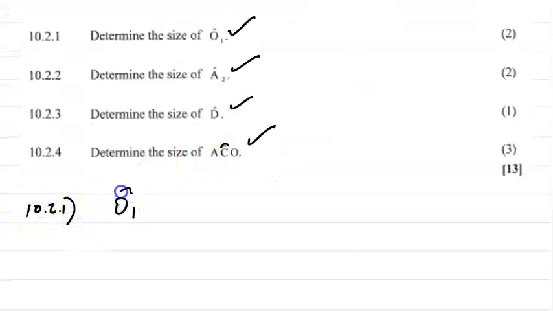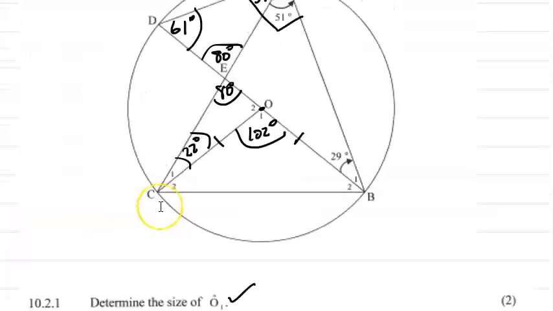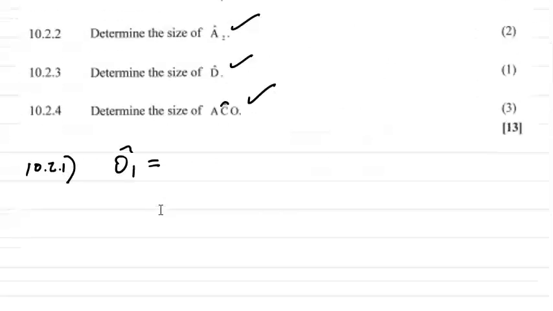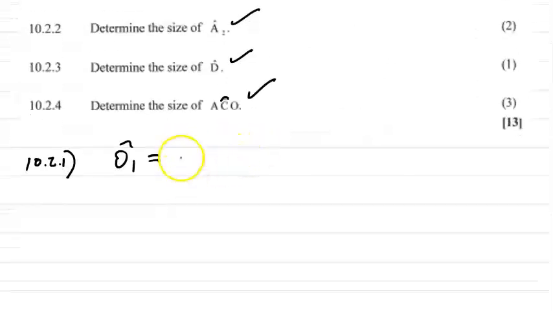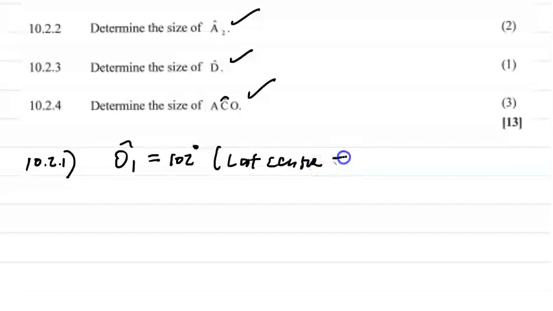So we'll say O1 equals 102 degrees. Angle at center is equal to 2 times angle at circumference.